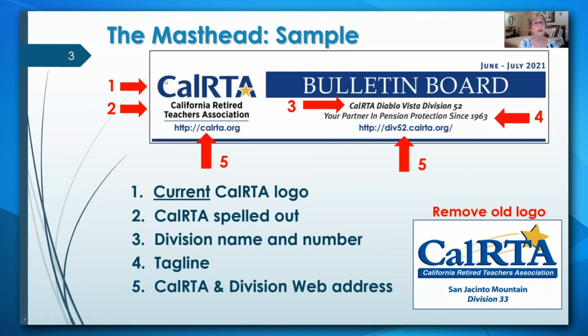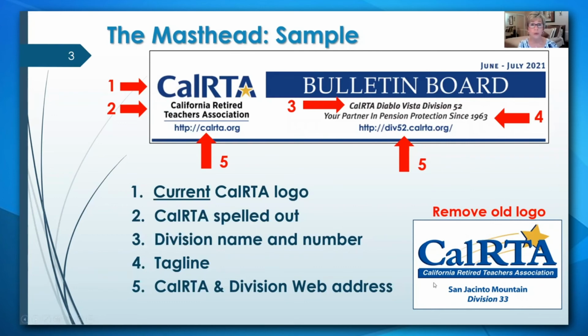So as you can see over here, number 1, it includes the current, and I emphasize the word current, logo right here in the upper left. The reason I emphasize current is, as Marilynn Smith and I have gone through each of the division newsletters that have been posted on websites, we have noticed that many newsletters are still using the old CalRTA logo, which is down here in the lower right.